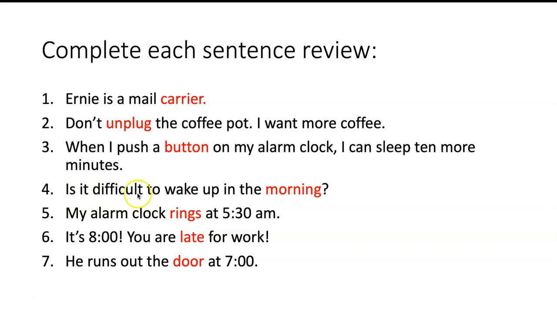Number 4, it is difficult to wake up in the morning. Number 5, my alarm clock rings at 5:30 a.m. Number 6, it's 8. You are late for work. Number 7, he runs out the door at 7. Okay? So if you have in this way, perfect.